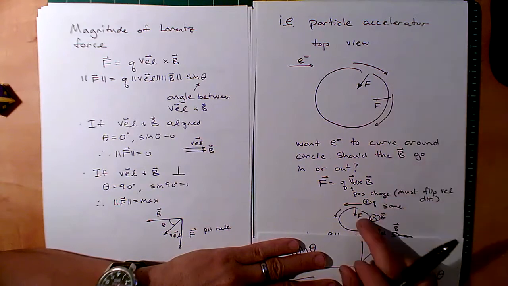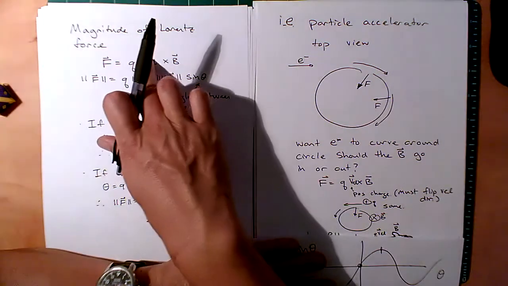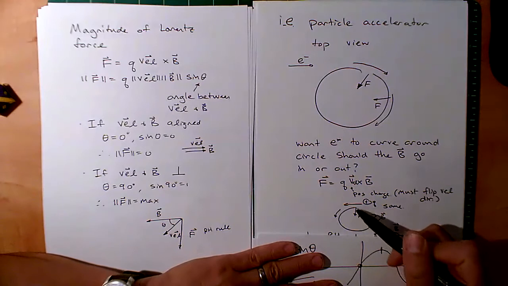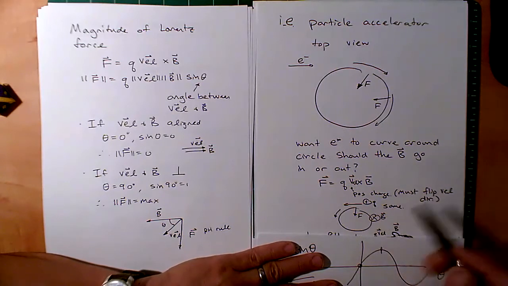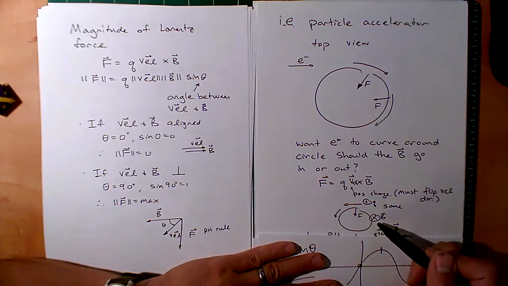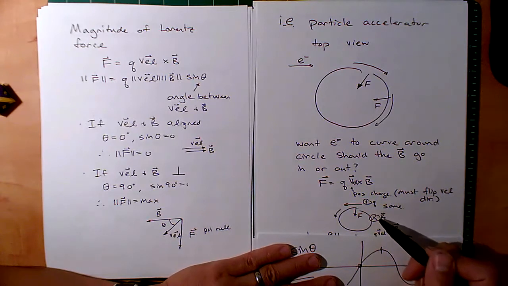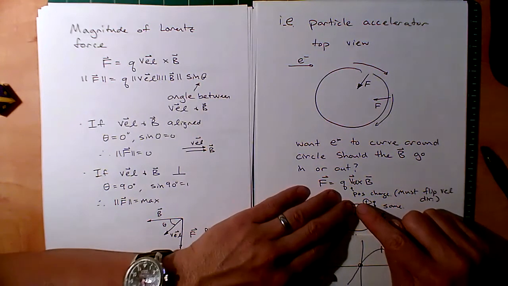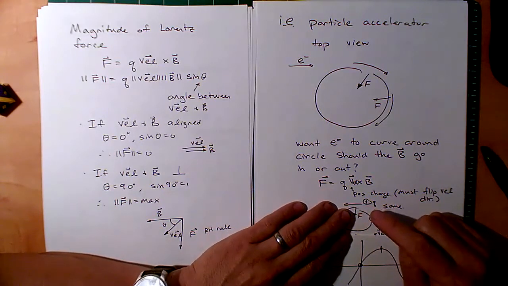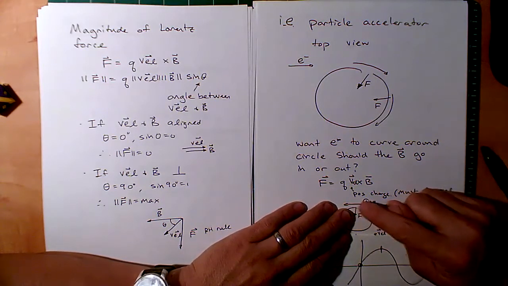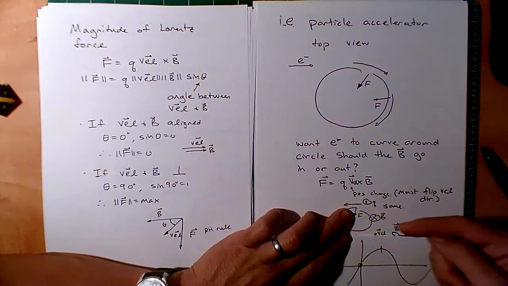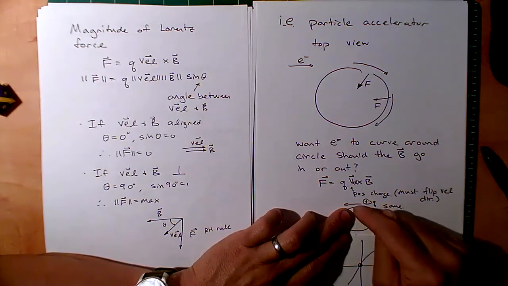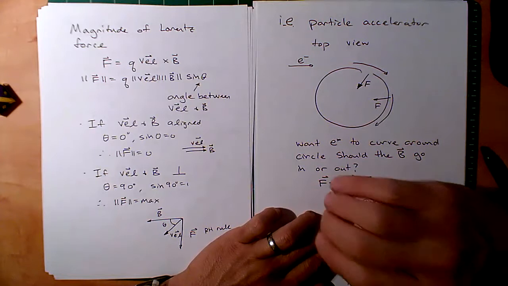So let's analyze this system using this equation. If we want this force to go in, should we have Q velocity going this way, cross B going into the page, to get this F? Well, let's try it. Let's say I'm at this instantaneous point in time. At this instant, it looks like my Q velocity is going to the left and my B is going down. So Q, B, F.